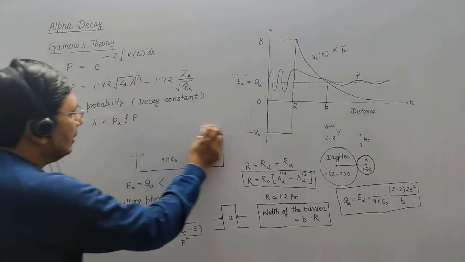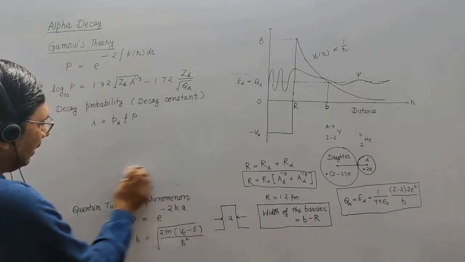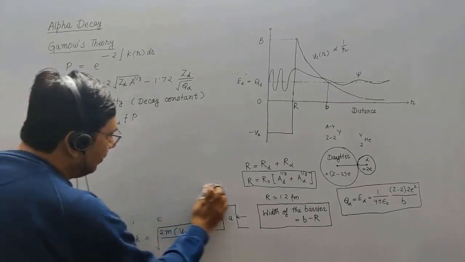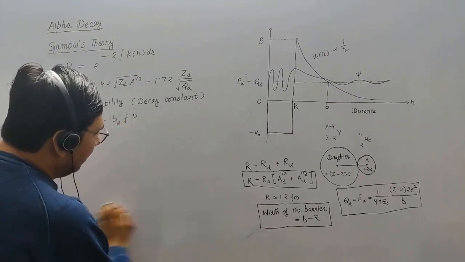What is the meaning of these three terms and how is this lambda constructed by the multiplication of these terms?